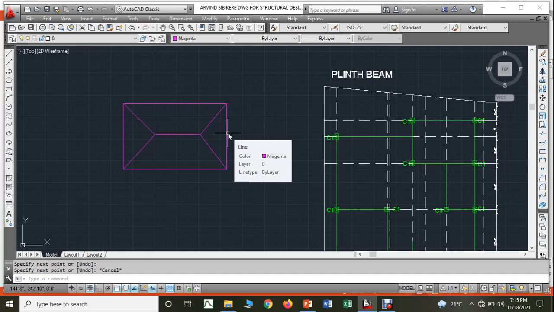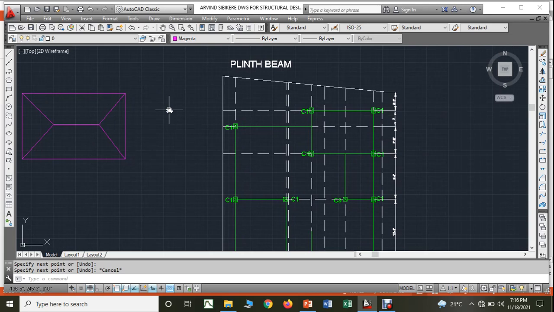Now, by considering that condition, if I consider a particular column, we have to see how many beams are going to rest on that column, and what is the approximate area that the column is going to carry.